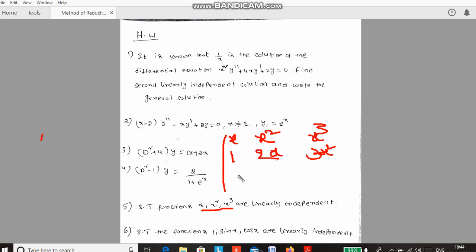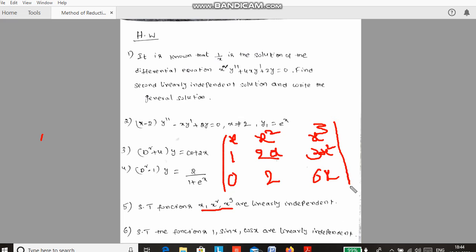Next, the third row is the second differentiation of the given functions. The second differentiation of x is 0, the second differentiation of x square is 2, and the second differentiation of x cube is 6x.